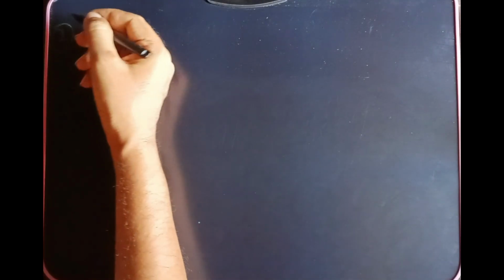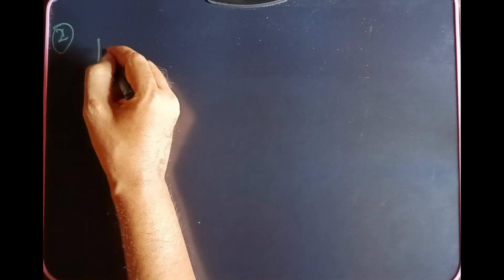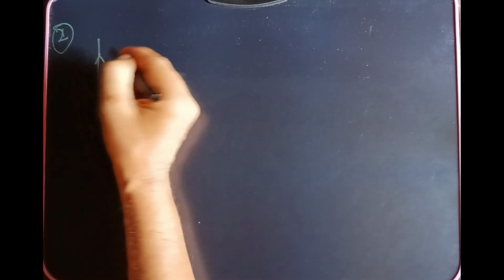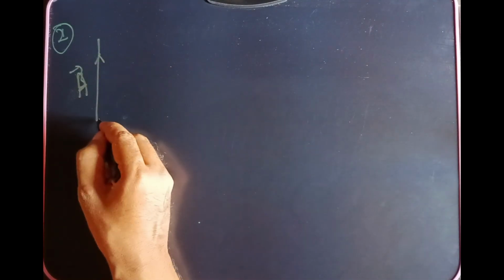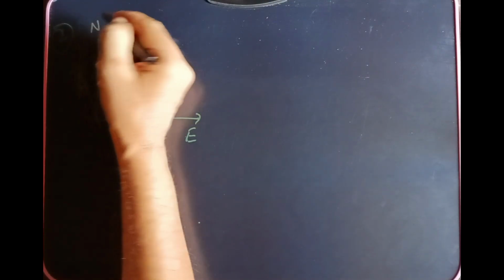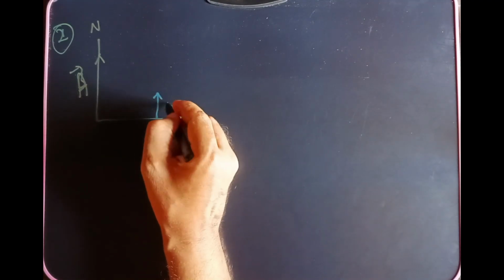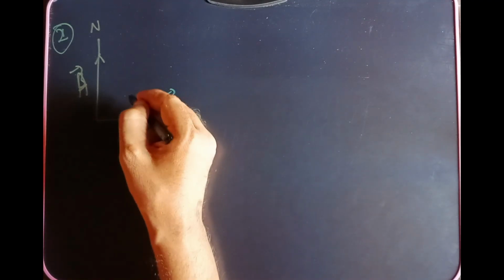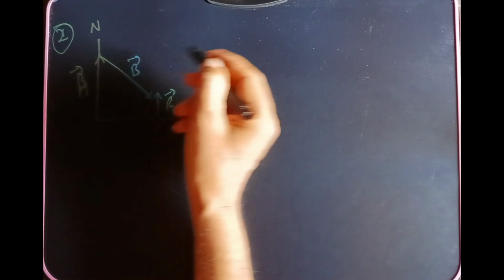Second problem, we have been given this. This is a vector. This is east, this is north. This is R vector and this is B vector.